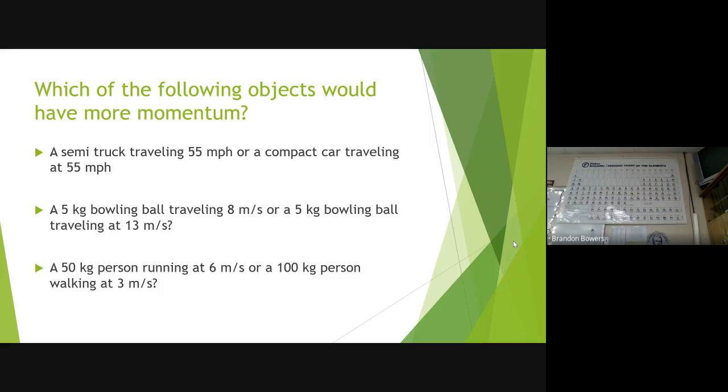Well, let's check it out. So what is the momentum here? When you multiply 50 times 6, what answer did you get? 300, okay? When you multiplied 100 times 3? So which one will have more momentum, or are they the same? They're the exact same. There we go. So those two runners have the exact same momentum.